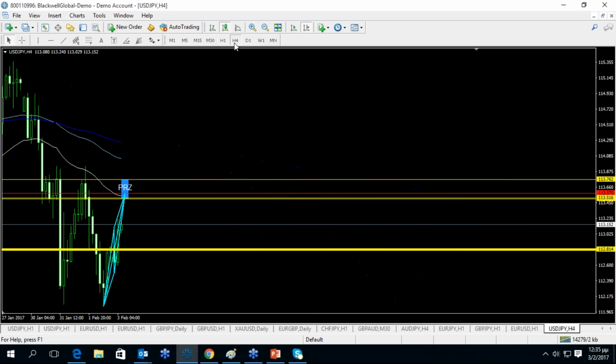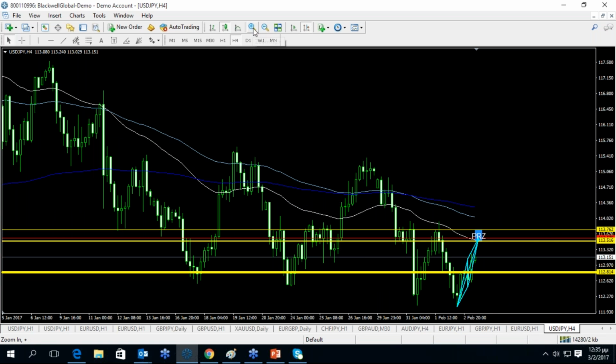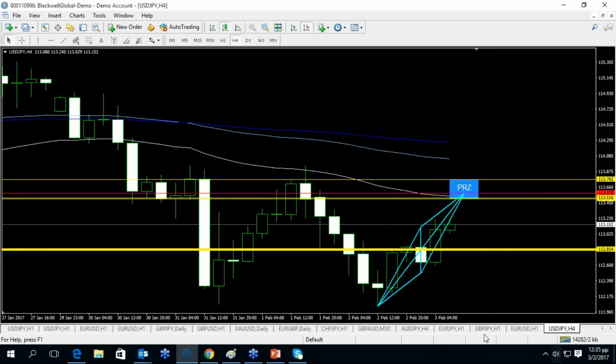If we go into the 4-hour chart here, it's a bit of a different picture. We have got candles, even though moving upwards, they're still under all three moving averages, and that itself is giving us a bit of a bearish type momentum. So this can be added up with our clock angle analysis just now.